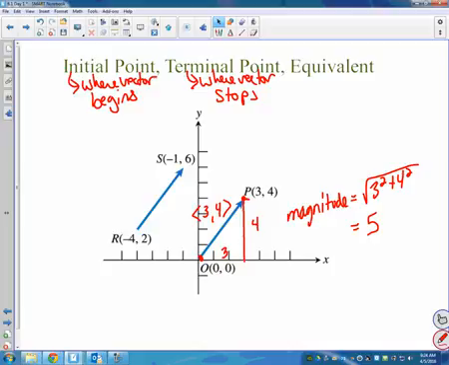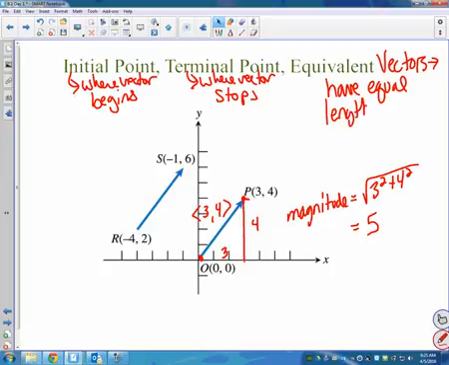And then equivalent vectors, they have to have the same things, which means they have to have equal lengths or magnitude, and they have to be in the same direction, because the vector has 2 parts.